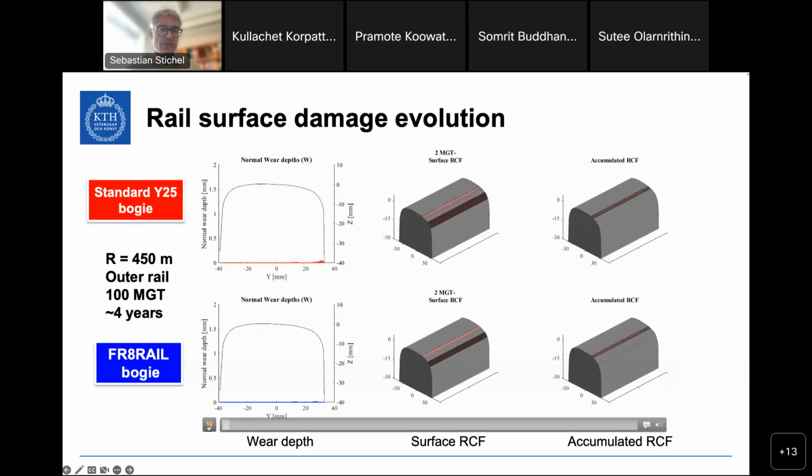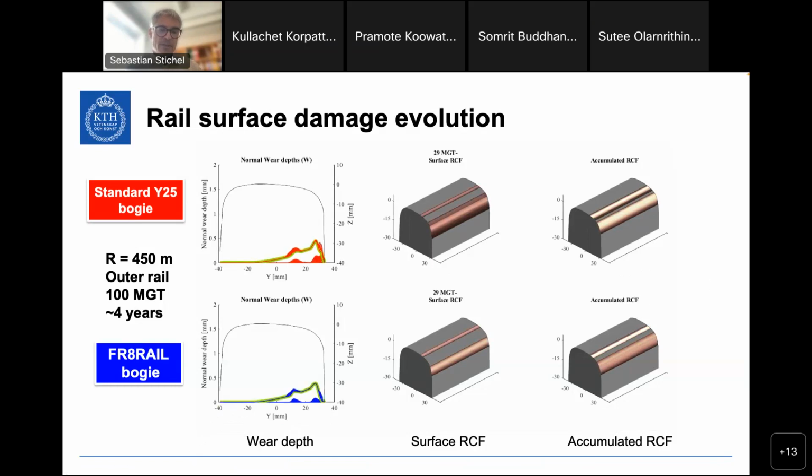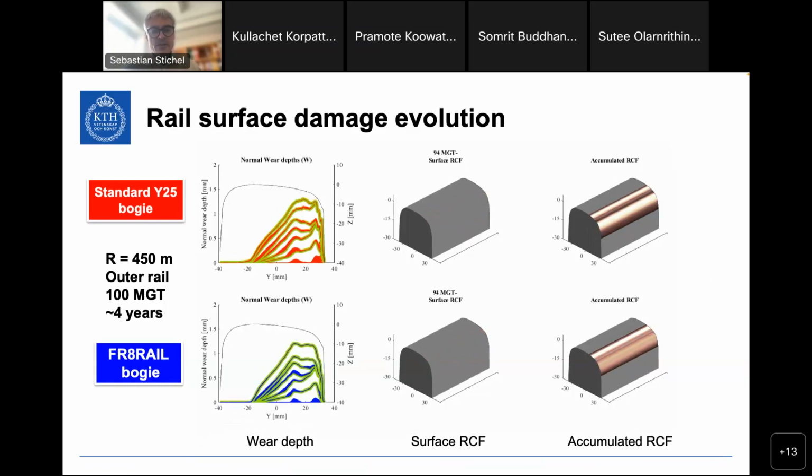So I will start this here, and you see how we iteratively calculate on the left side, where the jumps are always the grinding action, and when it grows slowly, this is due to vehicles passing. And in the middle and on the right side you can see the crack growth that is calculated.